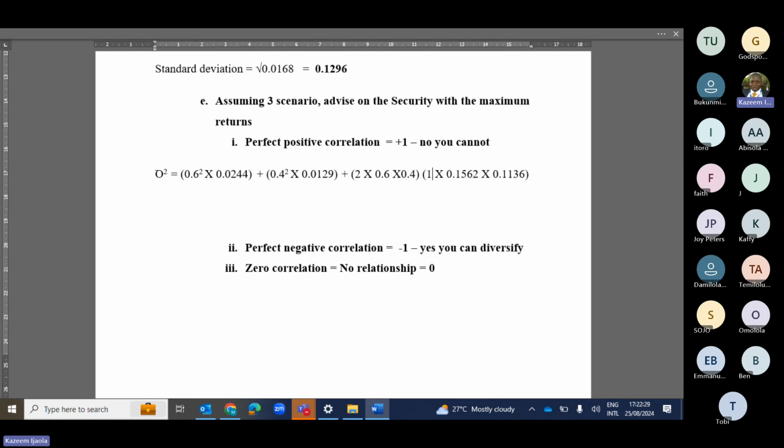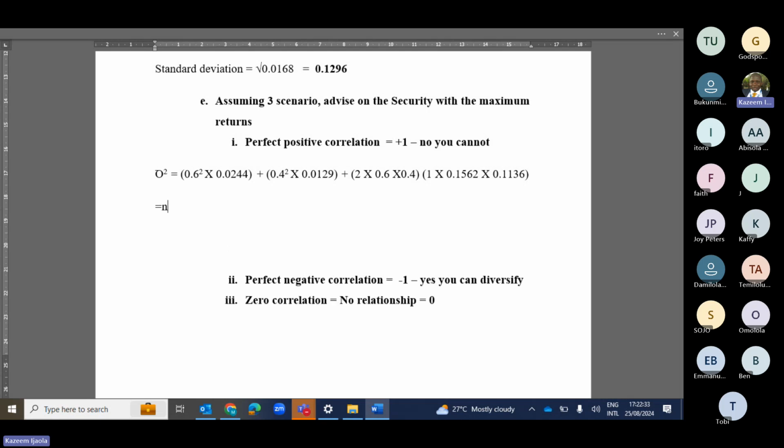Change that to 1, then calculate it again. What do you have? Then we will use the second formula, so you will see that we get the same answer. So 0.6 squared plus... Do you understand what I did?